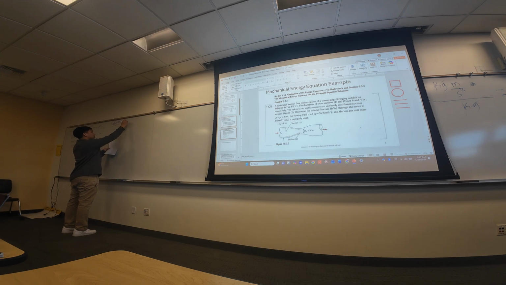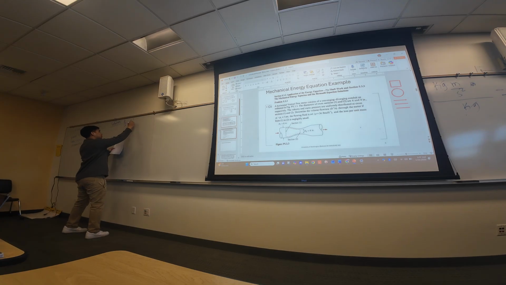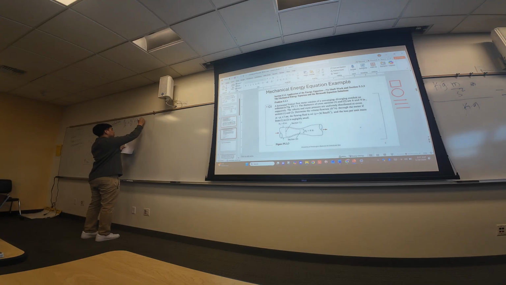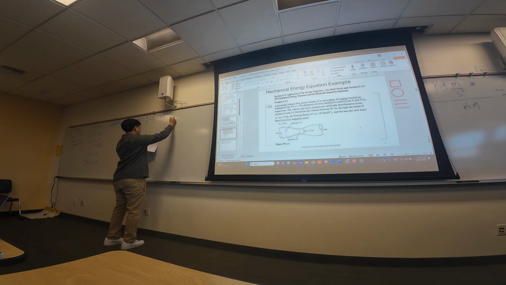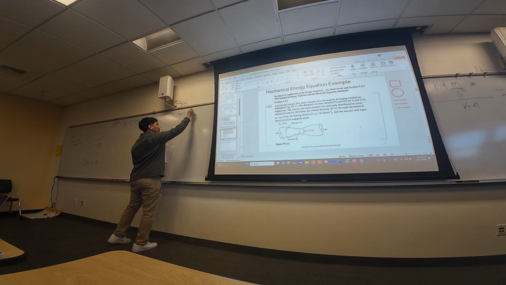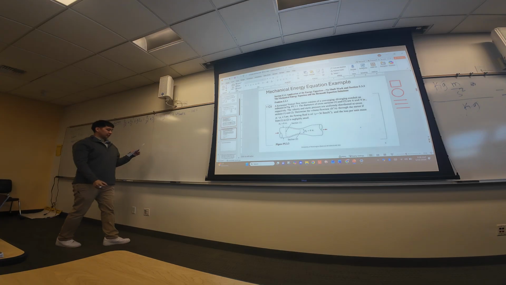P2 over rho plus V2 squared divided by 2 plus g Z2 equals P1 over rho plus V1 squared over 2 plus g Z1.